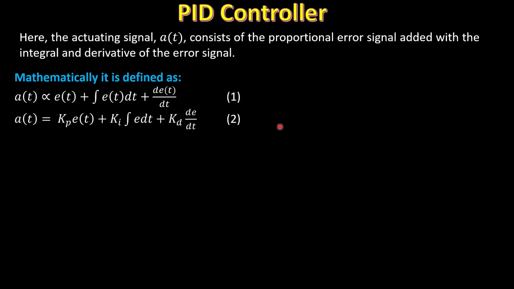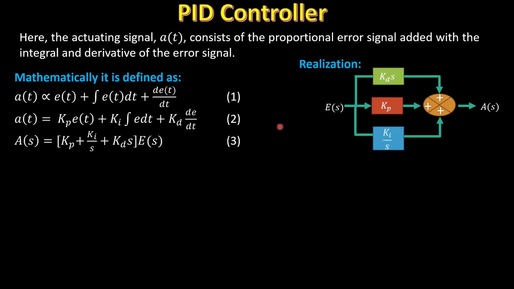Now from equation 1 we can easily write equation number 2 followed by equation number 3 and see the realization. It is perfectly simple. That means A(s) is now the summation of three signals: Kp into E(s) plus Kd s into E(s) plus Ki by s into E(s). So this is the simple realization.